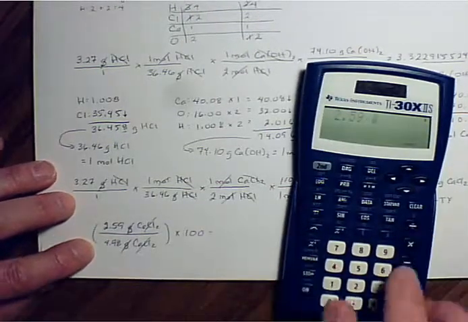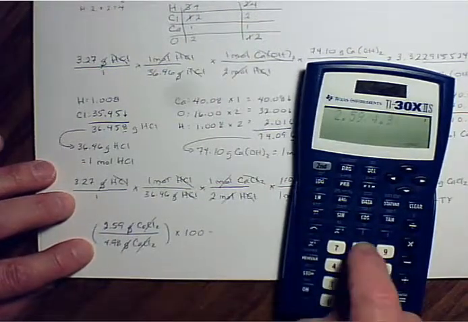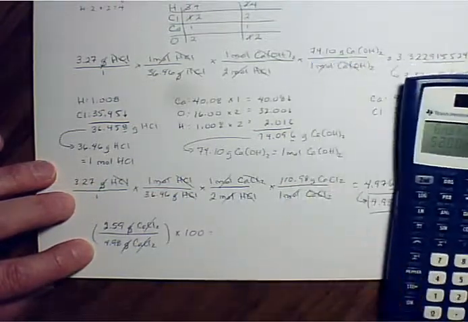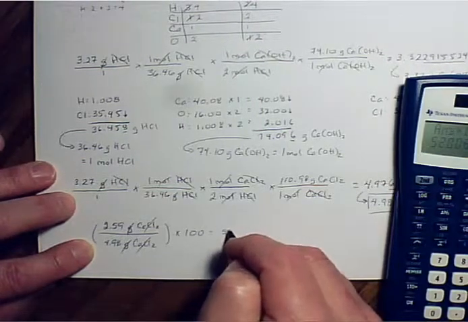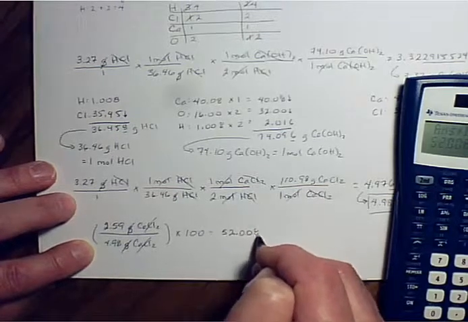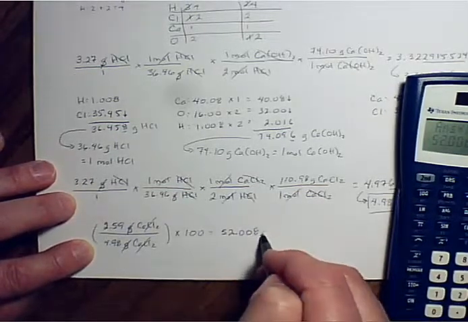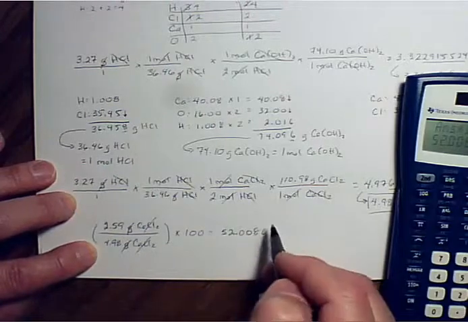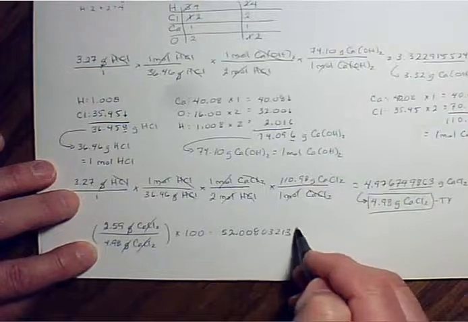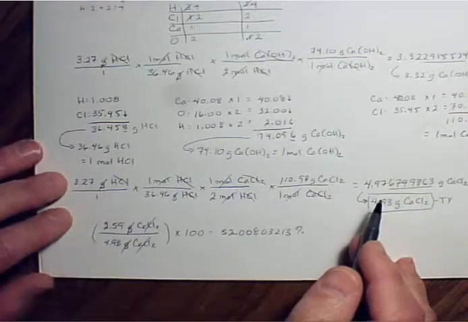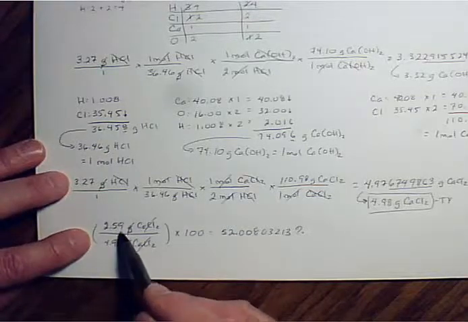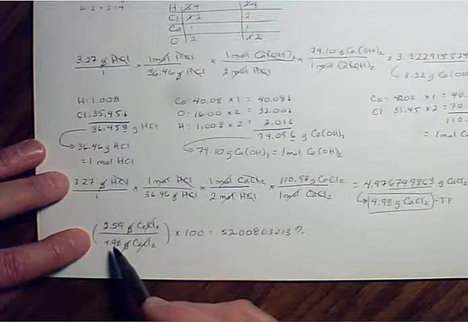2.59 divided by 4.98. Hit equals, and then times 100. And we get 52.008. Actual yield over theoretical yield, and this is a percent. We need to round off properly. Since this is a division problem, we use whichever of these numbers has the smaller number of digits.